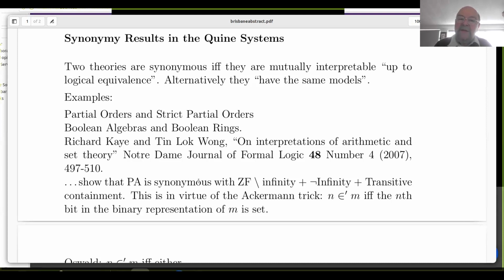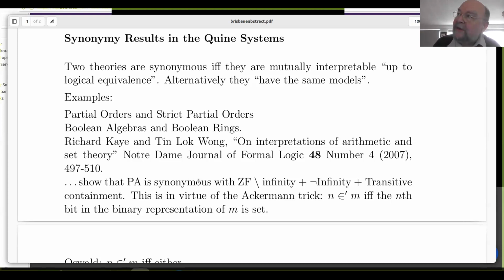And I can interpret the theory of strict partial orders in the theory of partial orders by sending x strictly less than y to x less than or equal to y and x not equal to y. And you notice if you compose those interpretations, it'll take a formula for one theory back into itself, or at least back to something that is logically equivalent to what you started with.